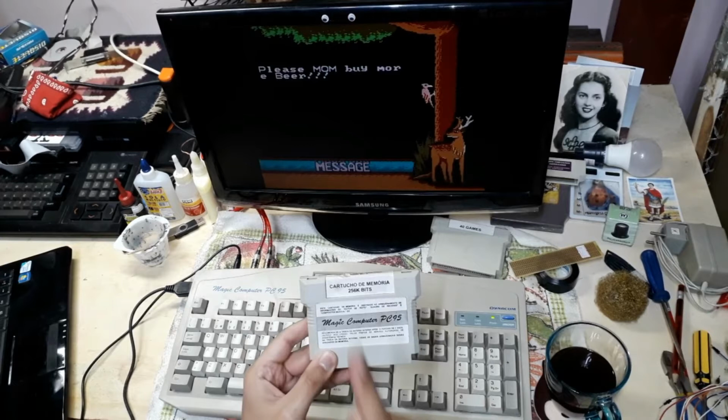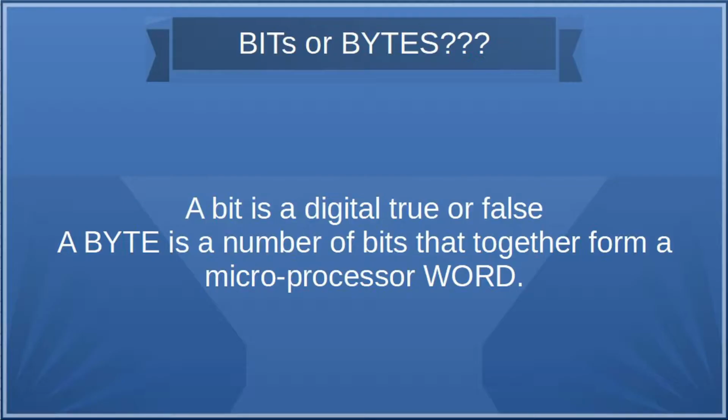Wait a minute. Who cares if it's bits or bytes or whatever? Well, there's a difference. A bit is a digital true or false. It's basically yes or no. A byte is a number of bits together to form a microprocessor word.